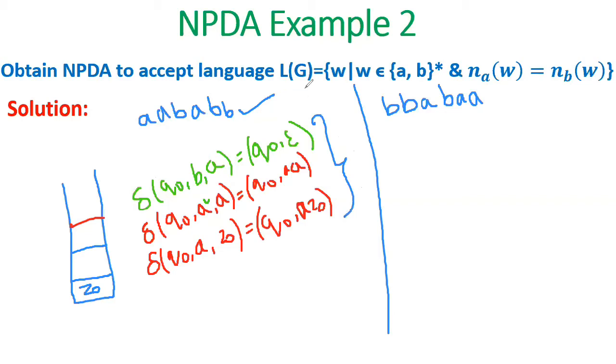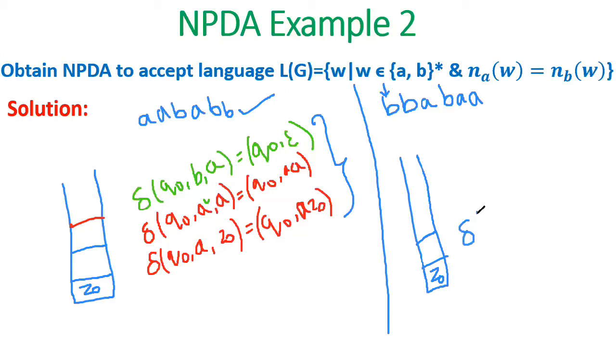Now, what I'll do here, I'll take a stack. What is on top of the stack? Z0 is on top of the stack. What is the first character you read? B is the first character you read. So that has to be pushed onto the stack. How do you do it?